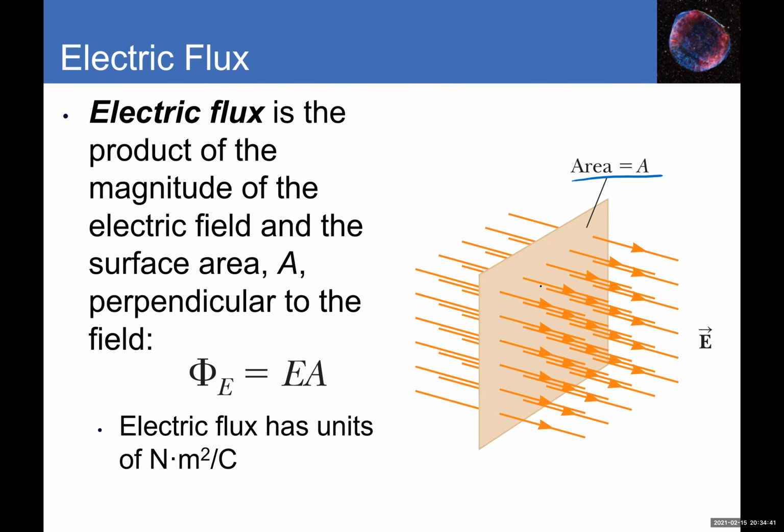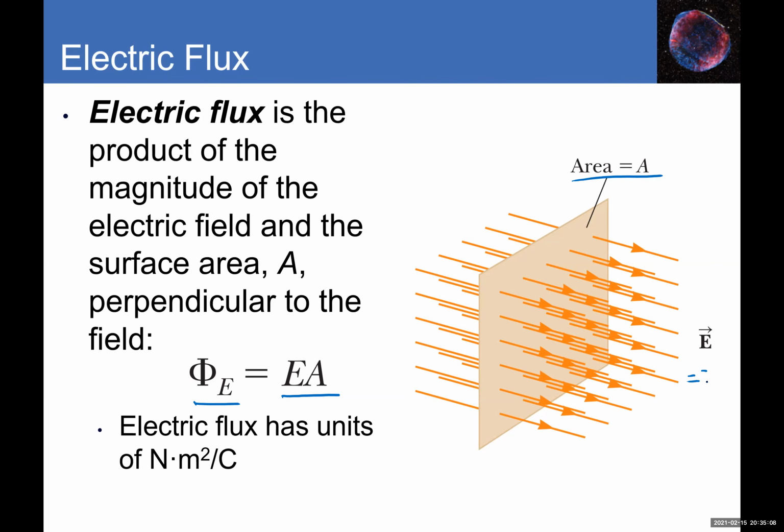So basically the electric field lines through the area of interest is known as electric flux. And mathematically speaking, it's the product of the magnitude of the electric field and the area of interest. So this capital Greek phi here is for electric flux, and the simplified equation for that is just E times A. That means the magnitude of the electric field, if we have that.